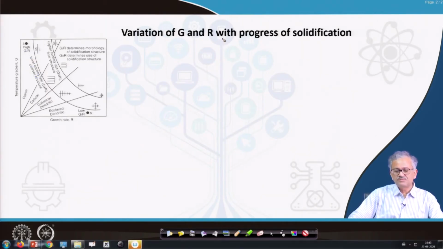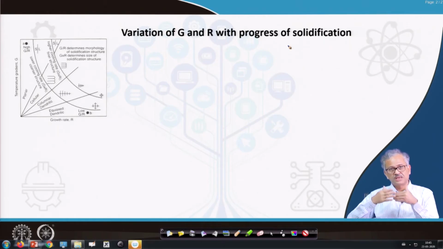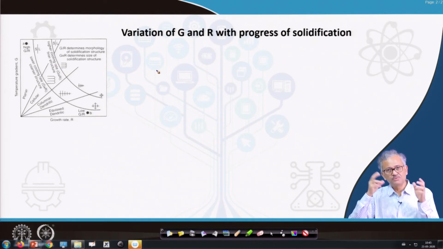Okay, now the variation of G by R with the progress of solidification. As the solidification progresses, how does G by R evolve with time? This is the previous picture for your reference. What happens initially, when the solidification starts? Suppose you have put liquid metal in the mold and solidification starts.